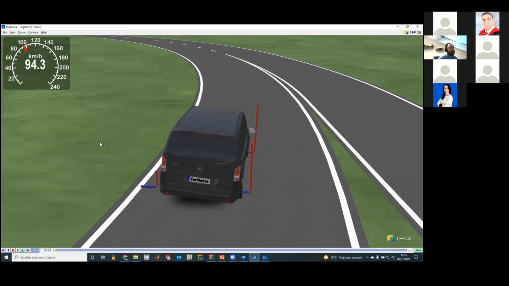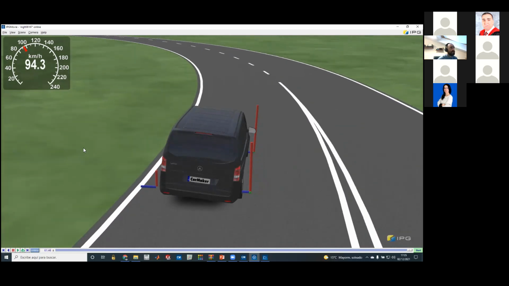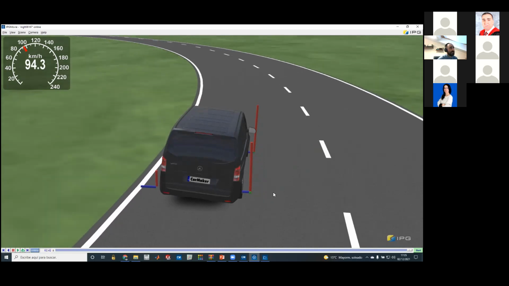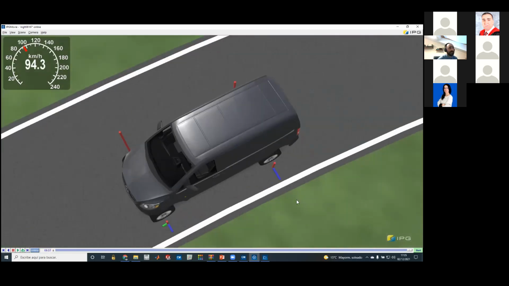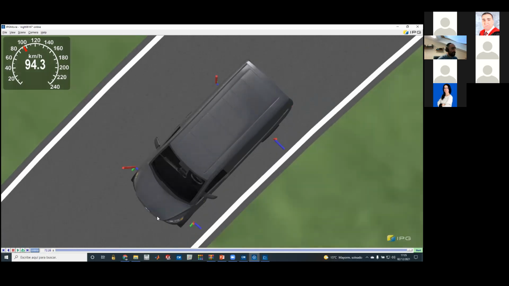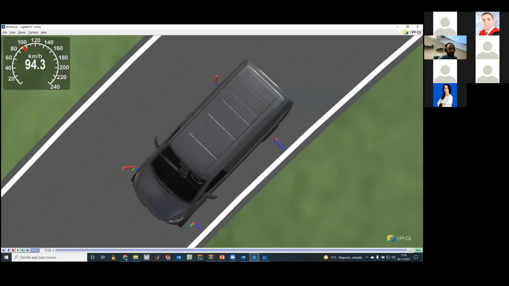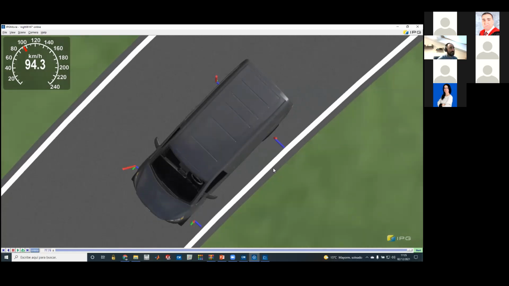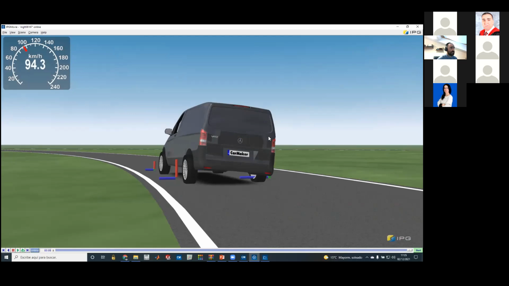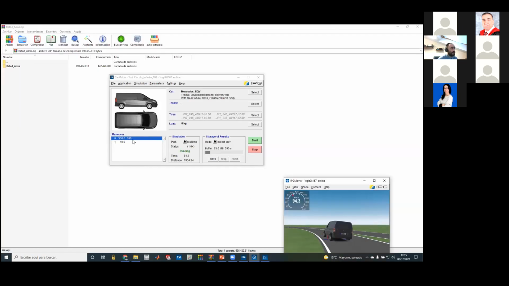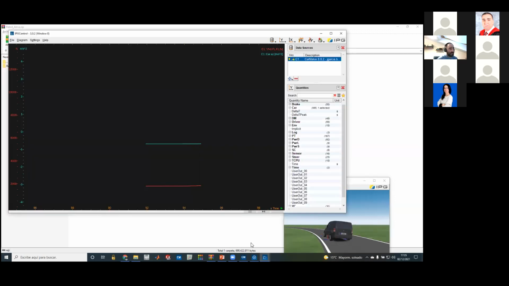Okay, so here, by means of simulating the dynamic, the infinite circle, the kind of information we can obtain is, let's go back to this view, for example, the lateral behavior of the vehicle.